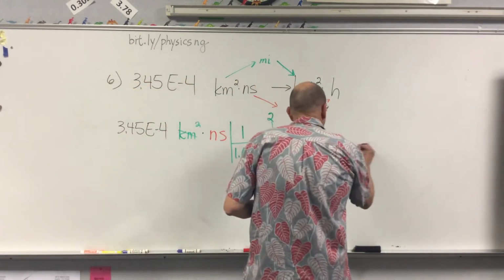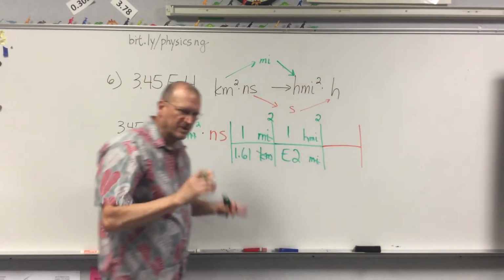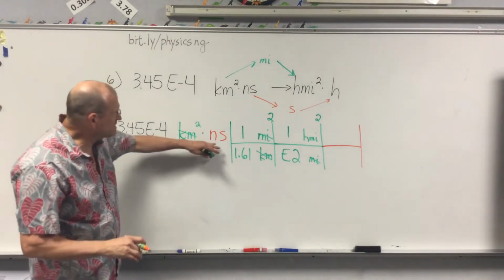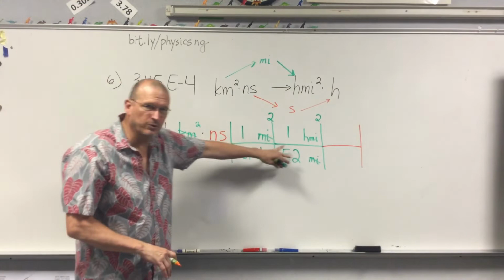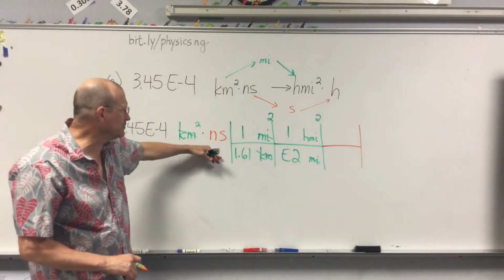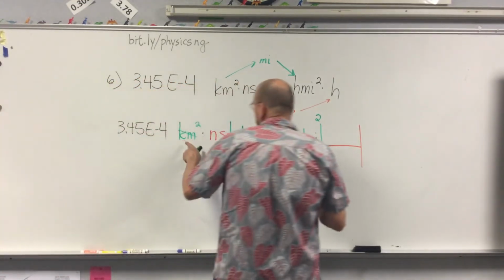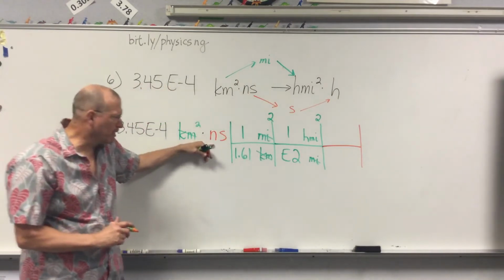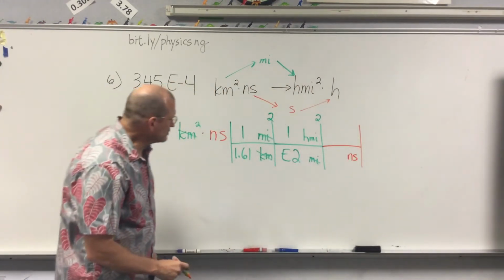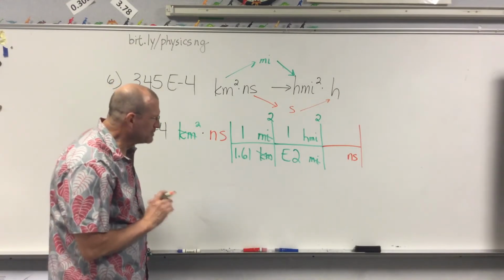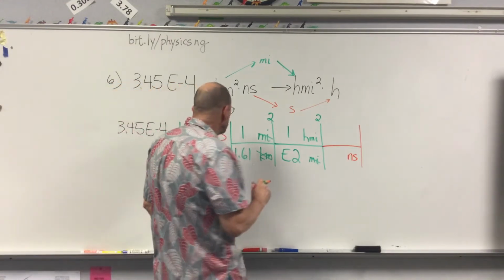Now I have suspended, remember the walk, chew, gum analogy? I've suspended touching anything with the nanoseconds, but now that I'm done with the green part, now I can come back and do the orange part. And since both of these are in the numerator, I need them to cancel, so they have to be diagonal. Remember, critical term.